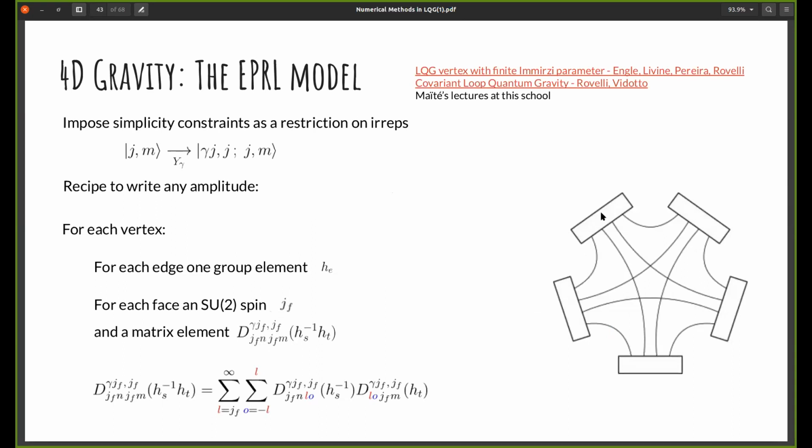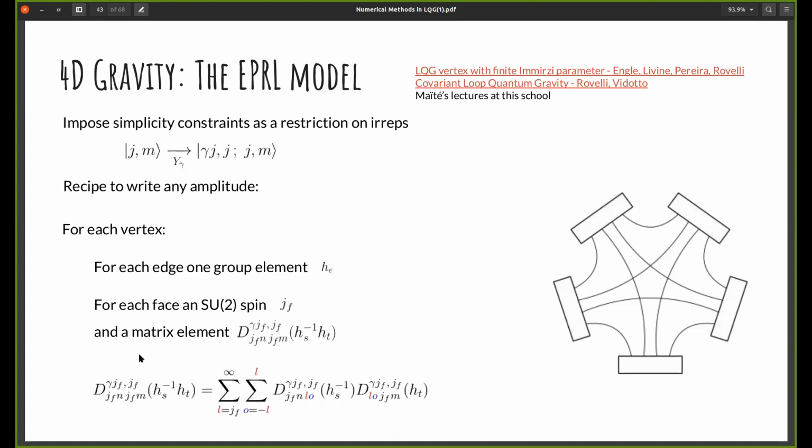And notice that exactly as before, to do the integrals, we need to split this representation using the representation property in the matrix of the source and the matrix of the target, and then do the integrals. When you do that, you not only pick up a sum over the magnetic index of SU2, but you also pick up a sum over the SU2 spins here, because both these labels are magnetic with respect to SL2C.